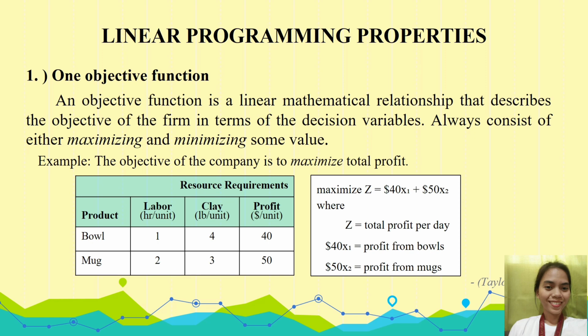Also, profit derived from mugs is derived from the unit profit of mug, multiplied by the number of mugs produced, or $50 times X sub 2. Thus, total profit, defined symbolically as Z, can be expressed mathematically as $40 times X sub 1 plus $50 times X sub 2.